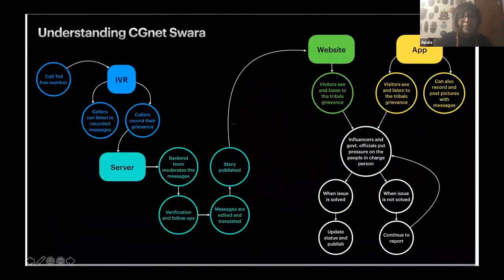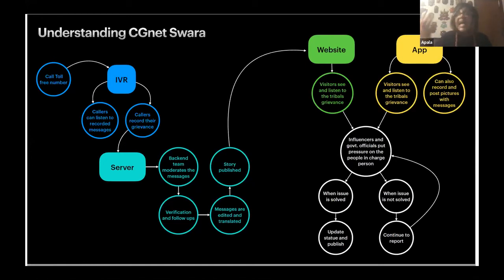What this NGO has, and we've been making it better, is an IVR system, which works so that if anybody in that area has a grievance, that they are being exploited in some way or physically abused in some way, they can just call a free number and listen to others who have recorded grievances if they wish to.